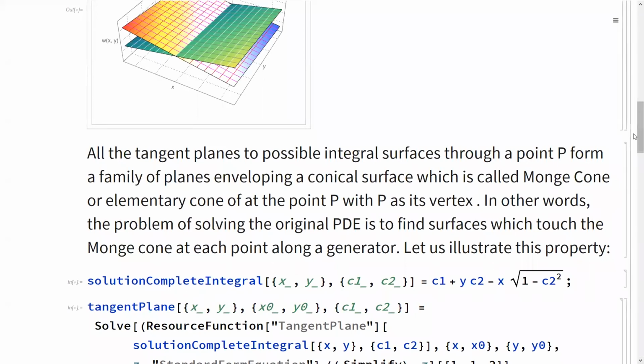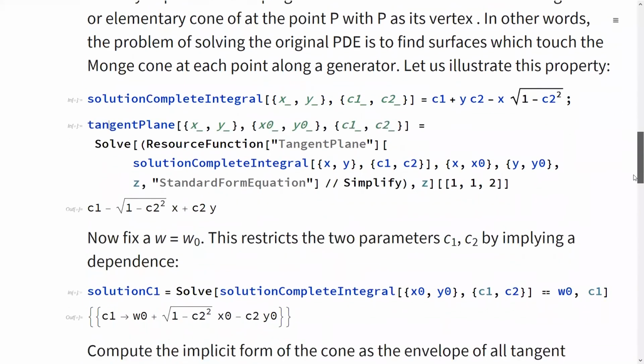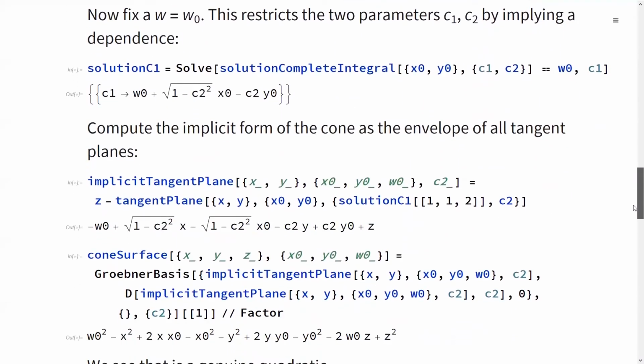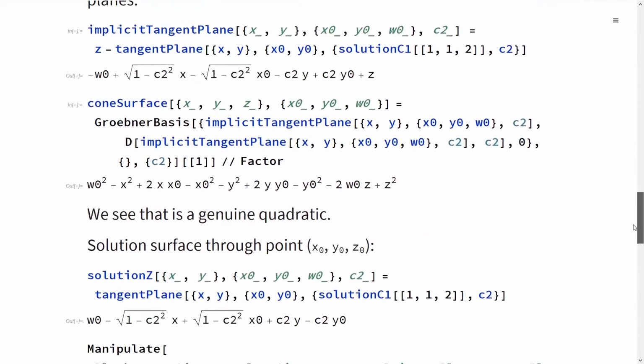So now let's illustrate this property. We just take one branch of the complete integral and define the tangent plane. Now we fix W equals W0. This restricts the two parameters C1, C2 by implying a dependence, so this is the implicit tangent plane. Now we define the cone surface, and we see that this is a genuine quadratic.